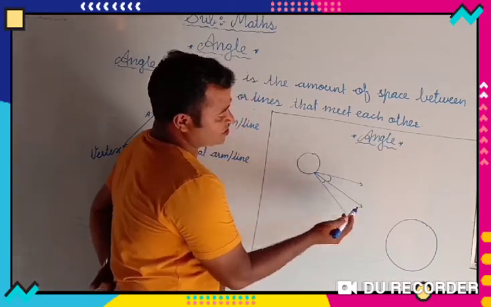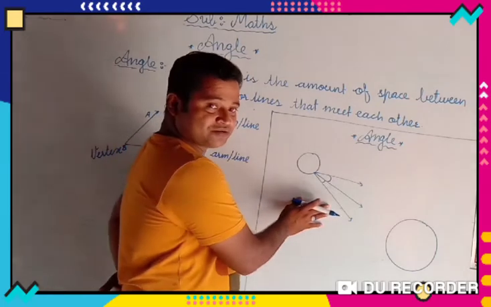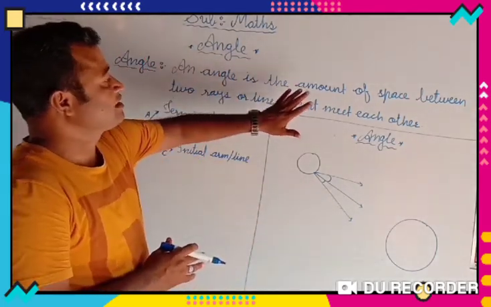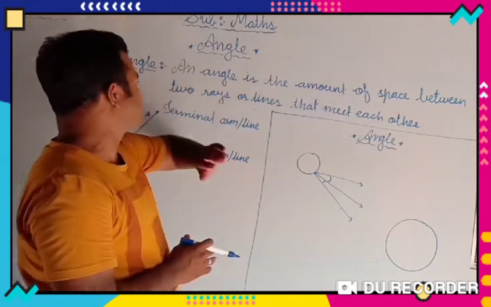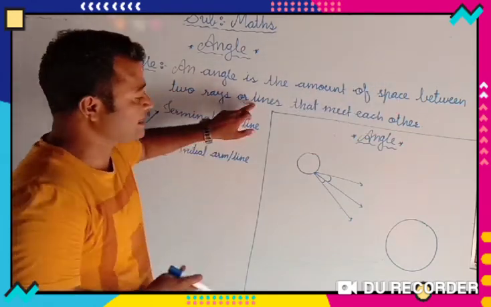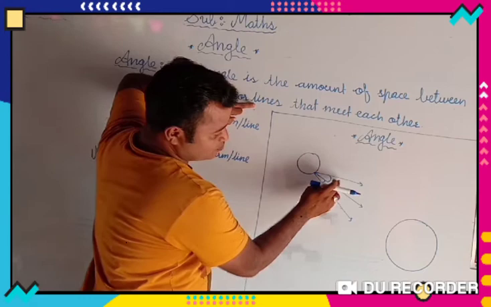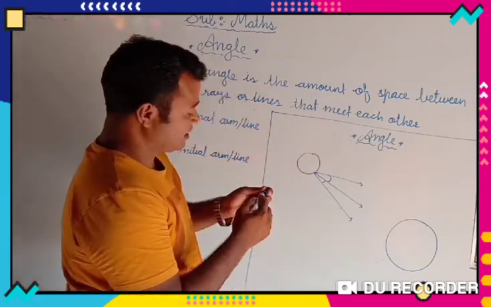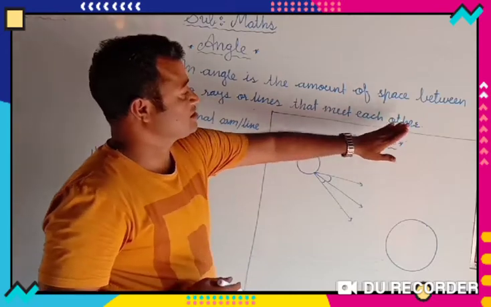If you see the picture, you may understand and come to the conclusion that an angle is the amount of space between two rays or lines. The amount of space between two rays or two lines which meet each other is called an angle.